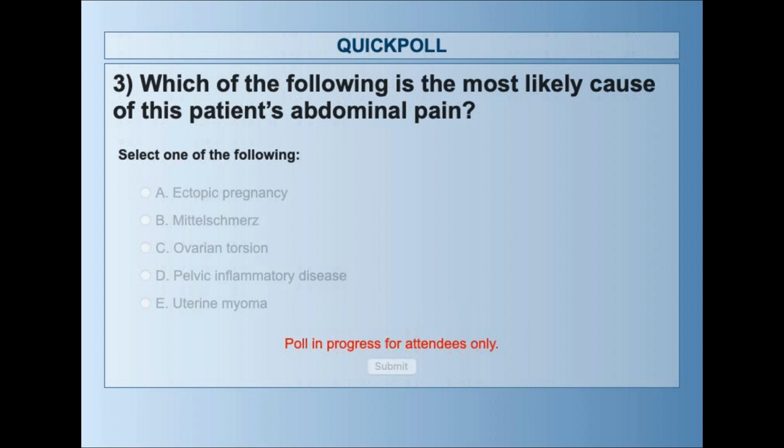Interesting results so far. Looks like we've got another strong favorite amongst this group of answer options. You guys are selecting quickly on this one, so I'm going to give you just a couple more seconds and we'll close the poll.